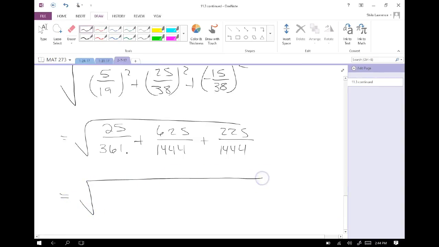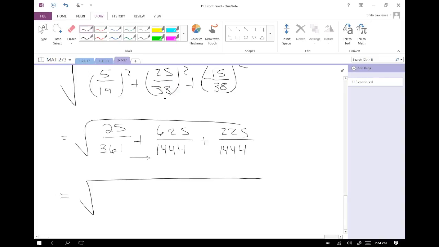What do I need to multiply by to turn 361 into 1444? Is it 19? 4. It's missing 2 factors of 2, because 19 and 38 are off by a factor of 2, and then we squared them.